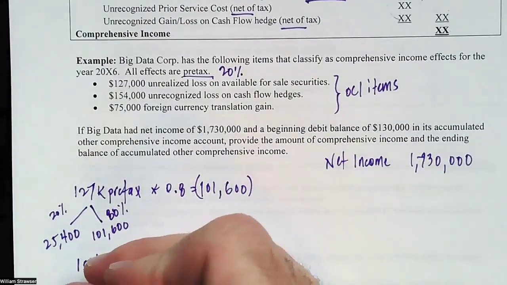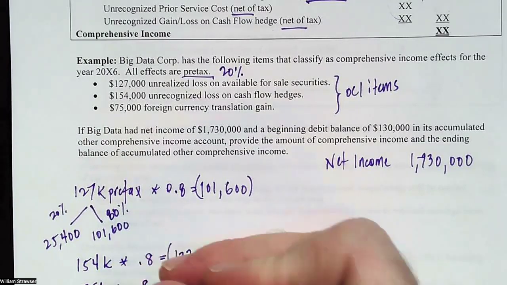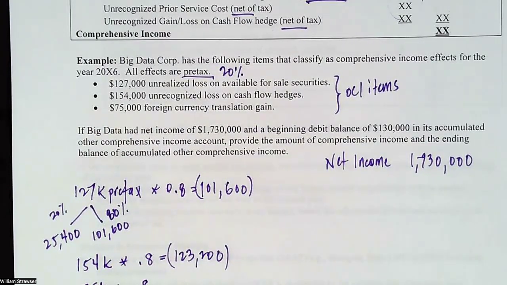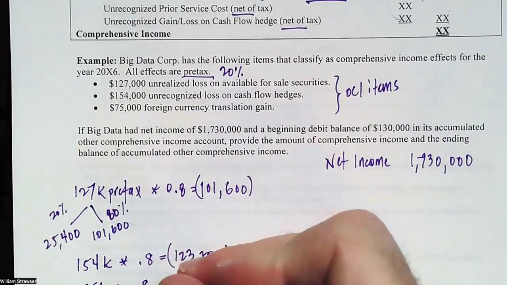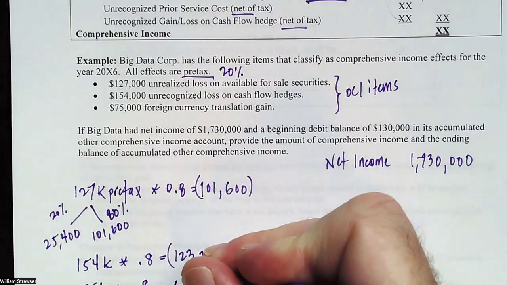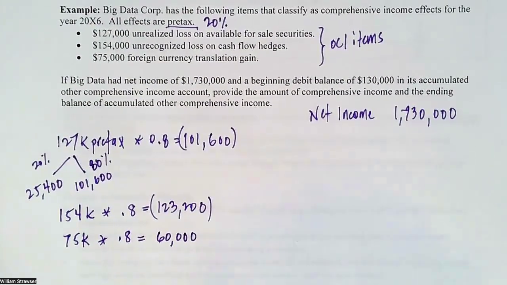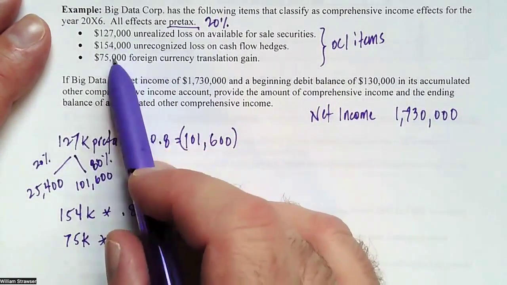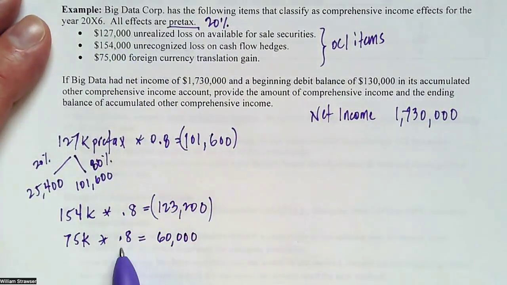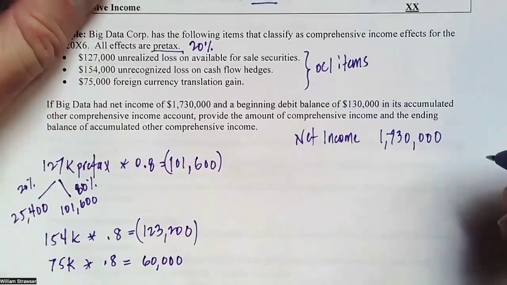And then the $75,000 foreign currency translation gain should be 60. So this one is a gain. We won't put the parentheses around it to show that it should have a positive effect on net income. All right, so we have our three items, pulled the pre-tax amounts, applied the after-tax rate to each of them, and that's our OCI items.